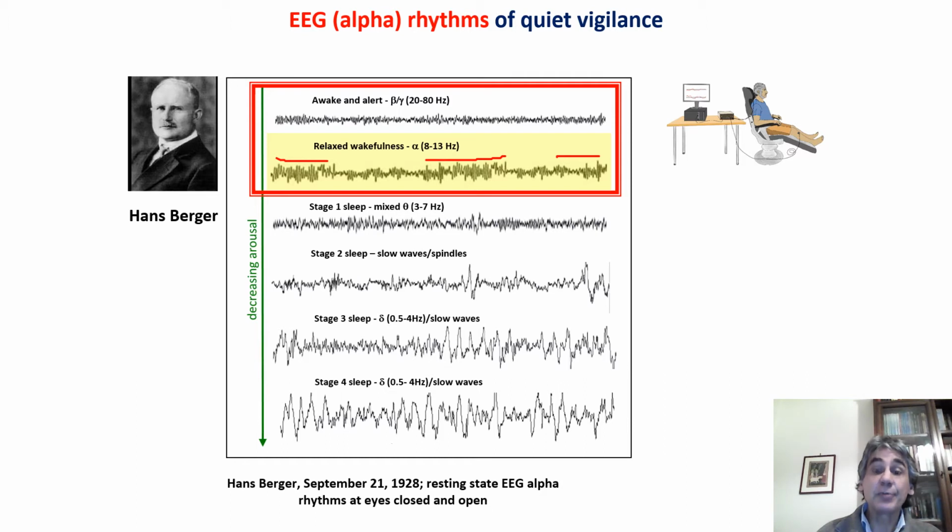During event-related activity, the alpha rhythms disappear and you can see the beta rhythms emerging in the EEG traces.